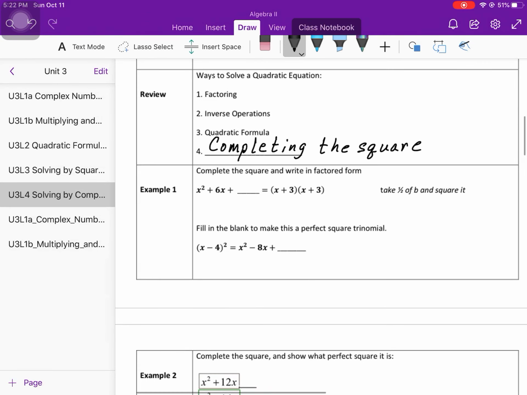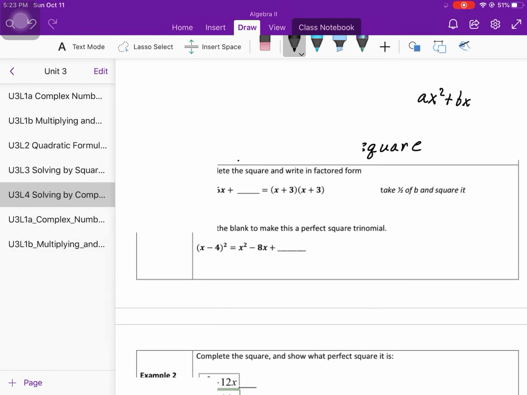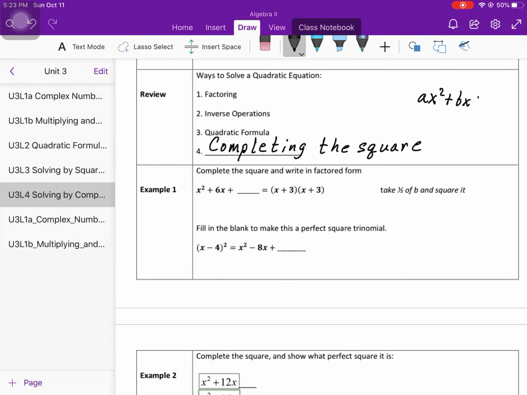Okay, so here's our first example, and we're just looking at the pattern of this. So it says complete the square and write in factored form. So the instructions on the right side say take 1/2 of b and square it. The b value, remember, it's always ax squared plus bx plus c equals 0.